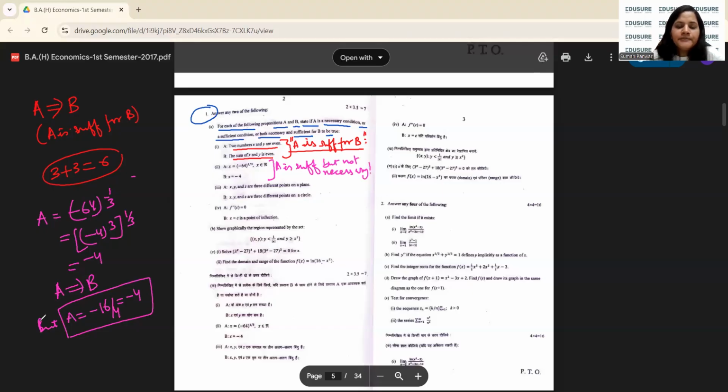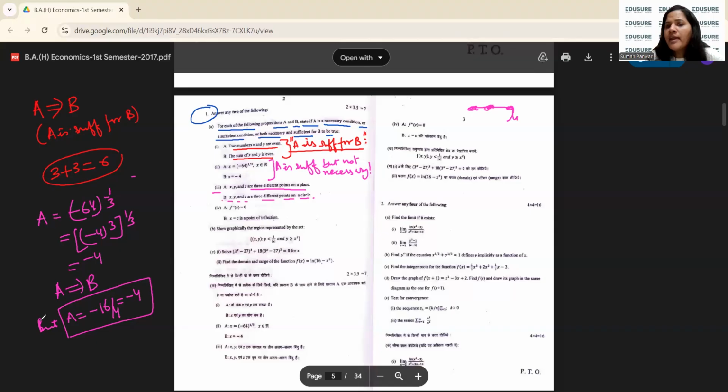Okay. Third, A, X, Y, and Z are three different points on a plane. B, X, Y, and Z are three different points on a circle. Now, if X, Y, and Z are three different points on a plane, then they can lie on the same line. Okay. So if these 3 points are on the same line, obviously they are not on the circle. Okay.